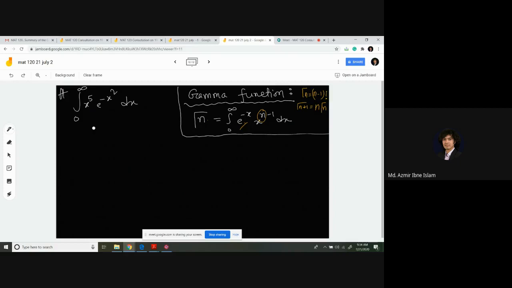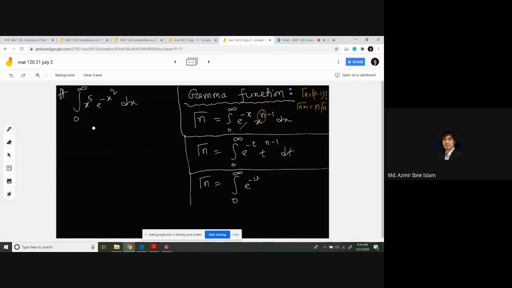Clear? So since we have gamma n, the variable doesn't matter here. Instead of x we may have t, so t to the power n minus 1 dt. Is that okay? Yes, sir. As I said, whether the variable is x or t doesn't matter. That means gamma n is equal to, we can also write, e to the power negative u, but be sure that this variable and this variable must be the same.